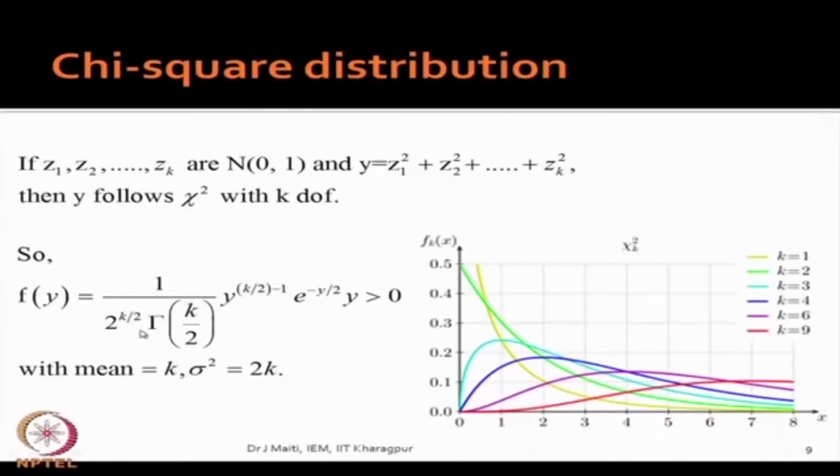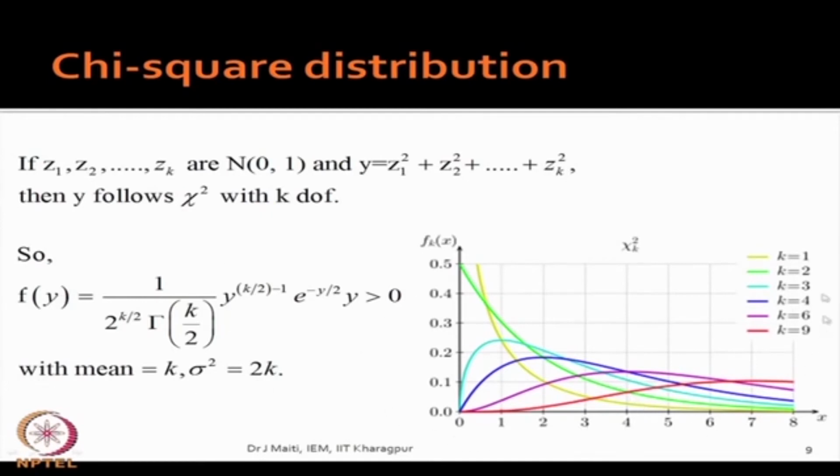Okay. And the general form of the chi-square distribution is like this: f(y) is 1 by 2 to the power k by 2, gamma k by 2, and so on. The mean value of chi-square is k, which is the degrees of freedom, and the variance is 2 times the degrees of freedom.